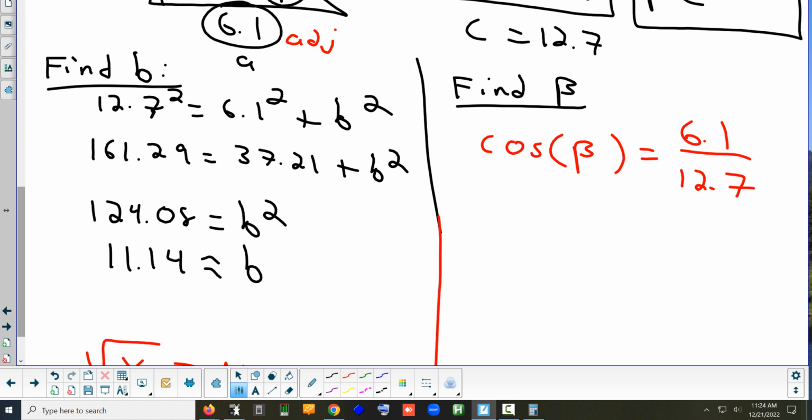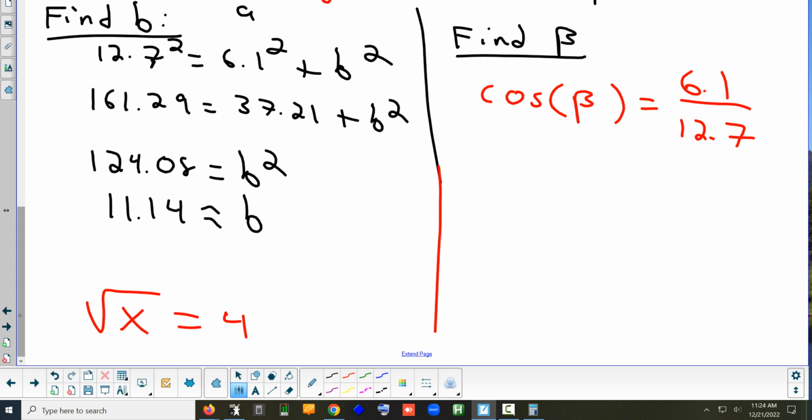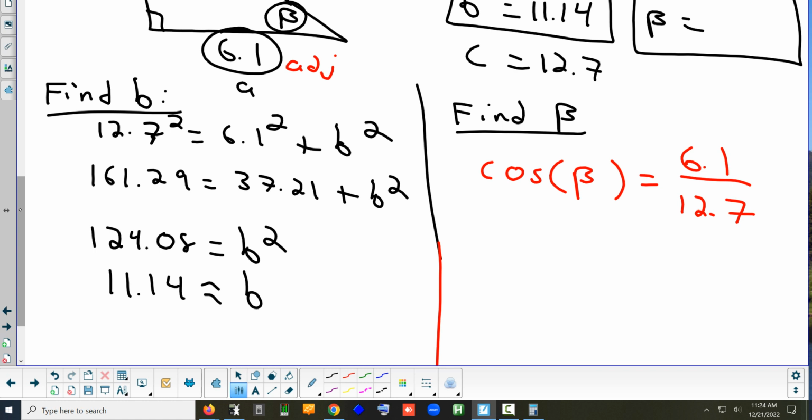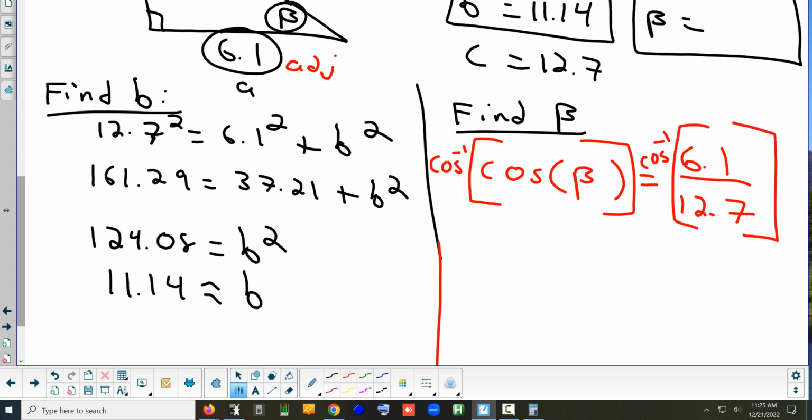The correct way to say it is you're going to take the inverse cosine of each side, just like if it was a square root problem, you would say take the square root of both sides. Take the inverse cosine of everything that's on the left. And I don't really have enough room to squeeze it in, but I'm just going to say take the inverse cosine of everything that's on the right.